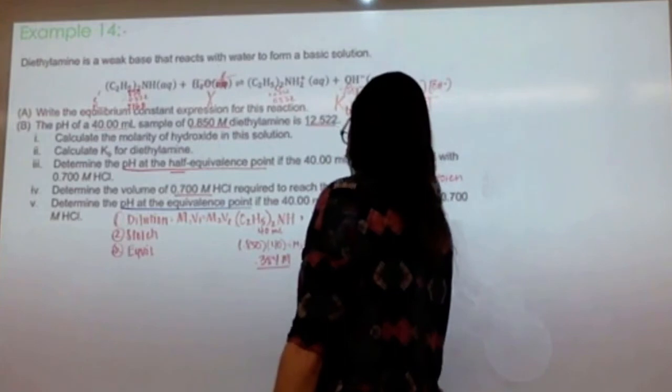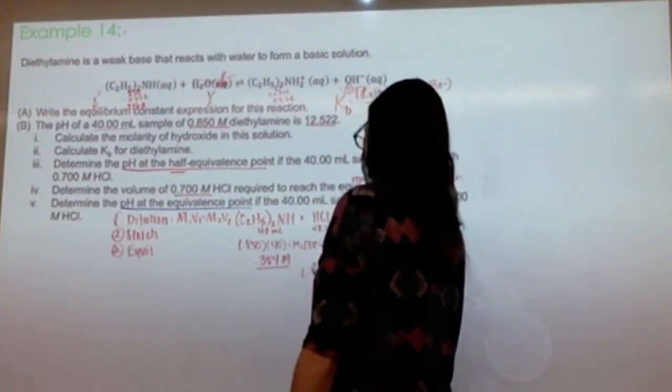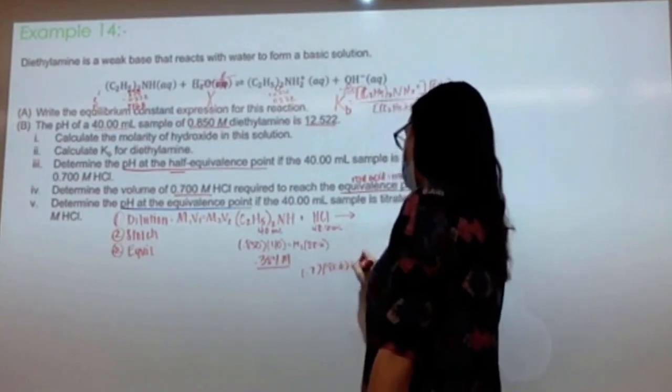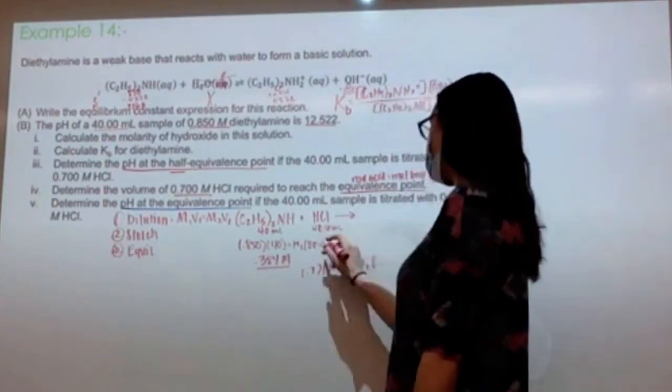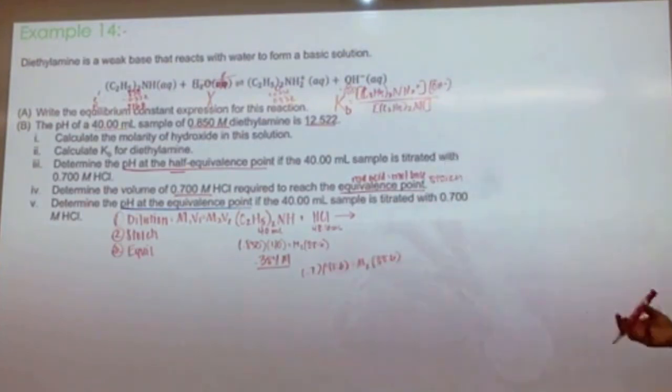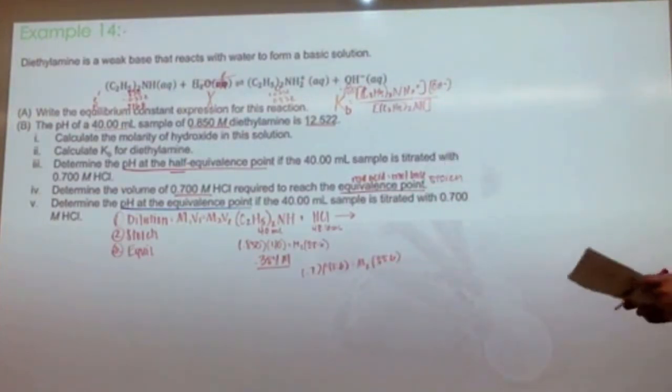So HCl, we have 0.7 molar. We had 48.6 milliliters of that HCl. I'm going to find the new molarity when I add these two solutions together. So before they react, I'm finding what their new molarity is.